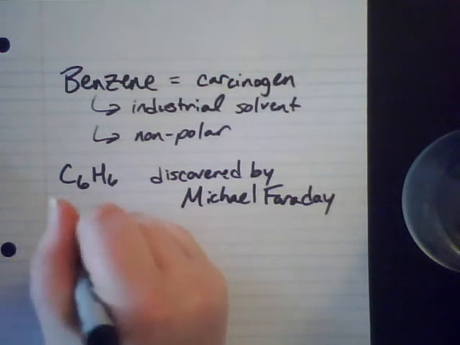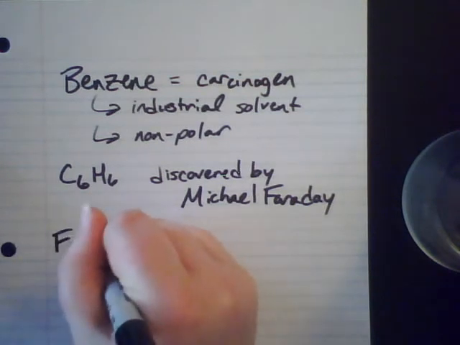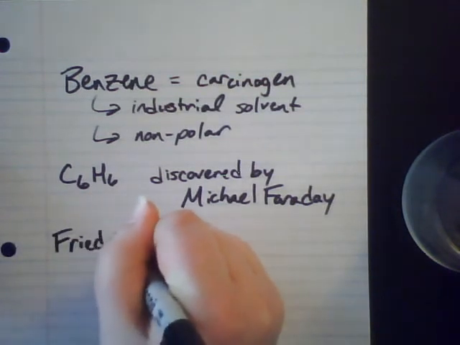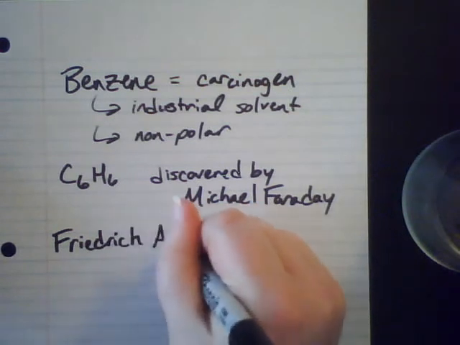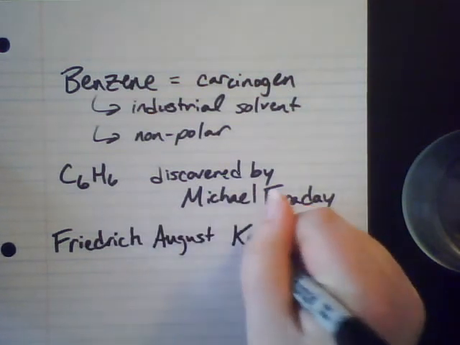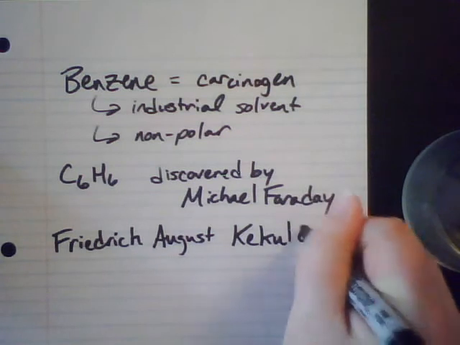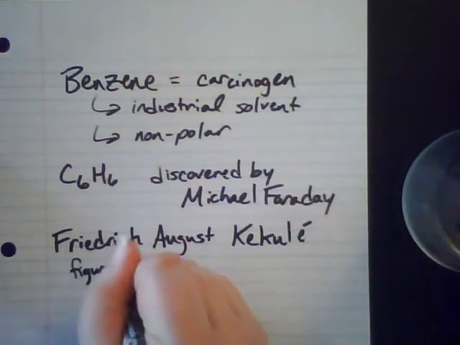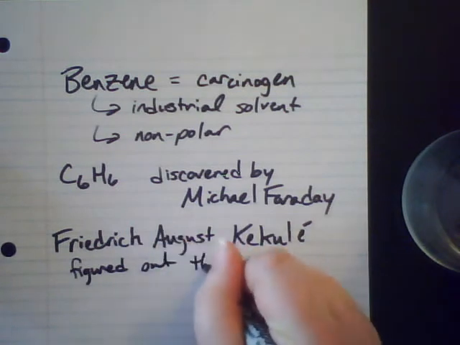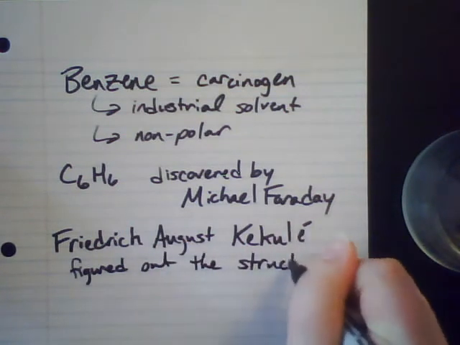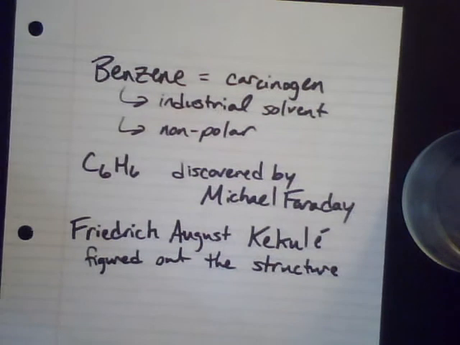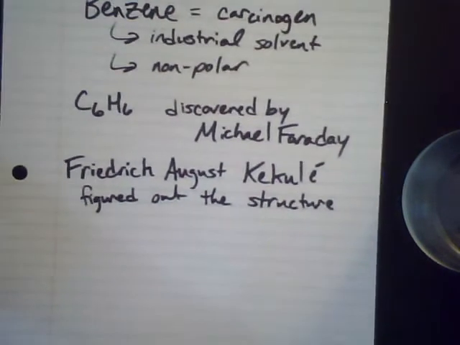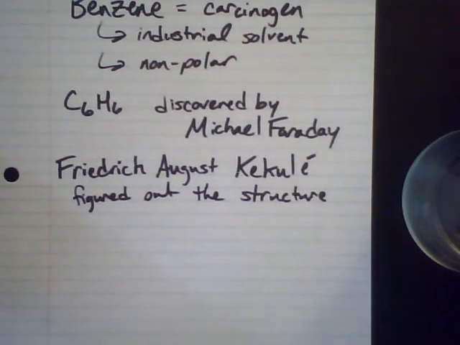And so it was Friedrich August Kekule that figured out the structure. And the story goes that it came to him in a dream. And we've heard of a lot of chemists that things came to them in dreams, and take that with a grain of salt.